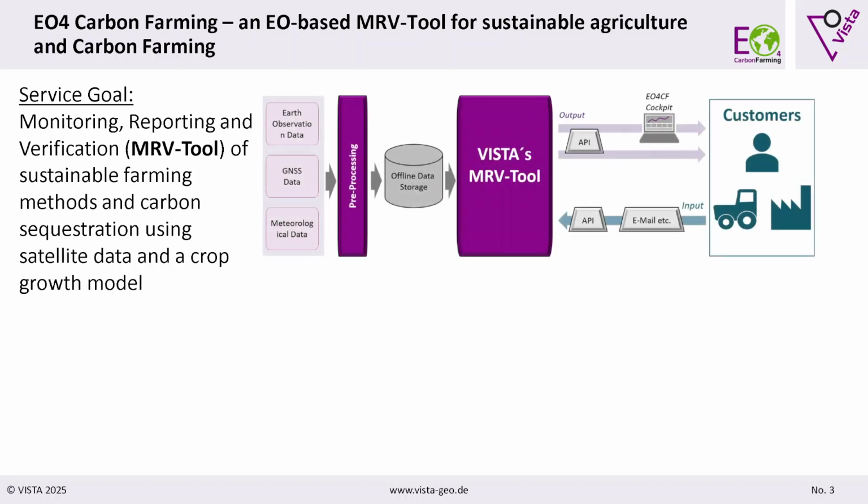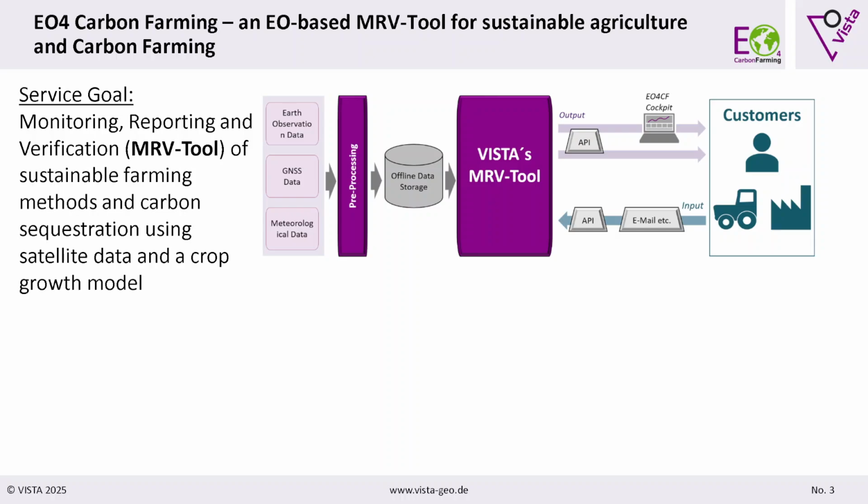The workflow is as follows. We get as an input, as already mentioned, satellite data along Earth observation data. This is GNSS data and meteorological data. They then undergo a specific pre-processing chain and are stored in an offline data storage, and then used as input for the MRV tool developed by Vista.